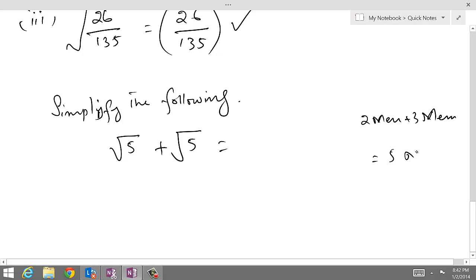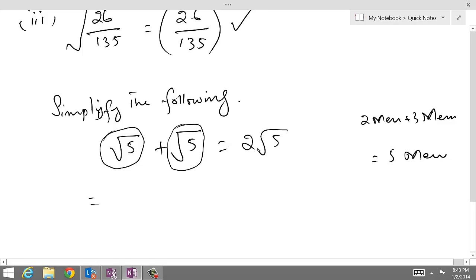That's equal to 5 men. So this square root 5 is an object just like that object man, and we can count and write them. That is equal to 2 times under root 5. So under root 5 plus under root 5 is equal to 2 times under root 5. Similarly, 3 under root x plus 2 under root x would be equal to 5 under root x.